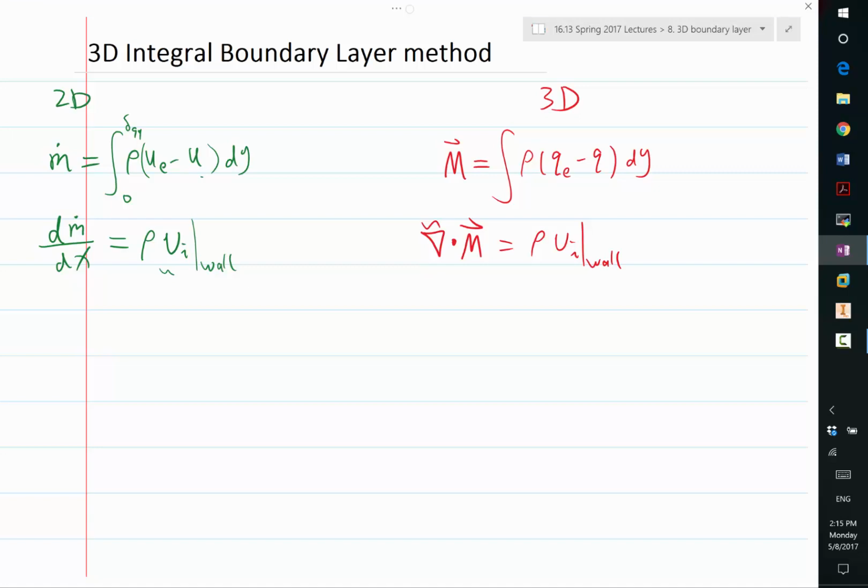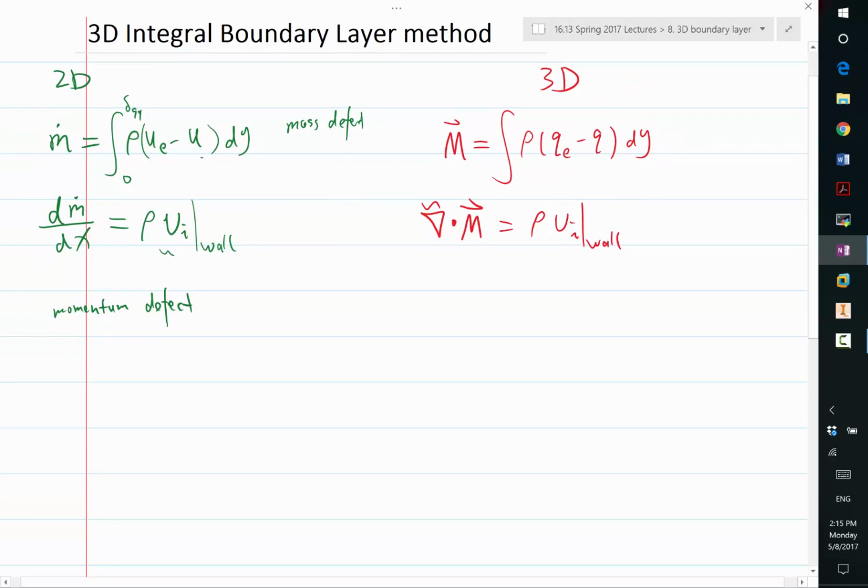Okay. So in 2D, in addition to the mass defect, we also have the momentum defect. So this is the mass defect. We also have the momentum defect. So the momentum defect is defined as an integral of ue minus u times u dy, right?